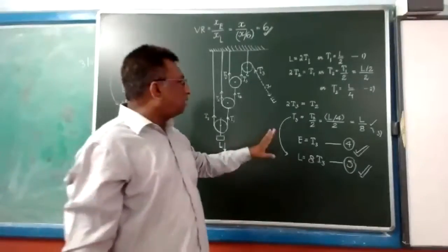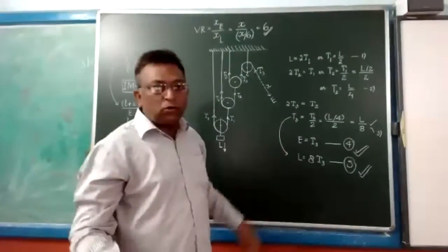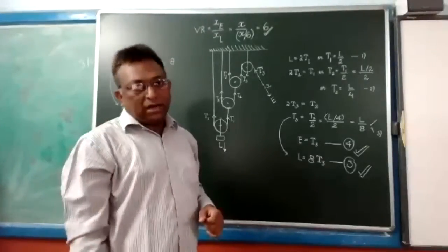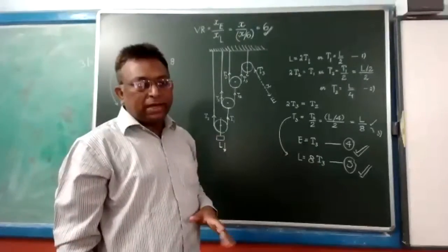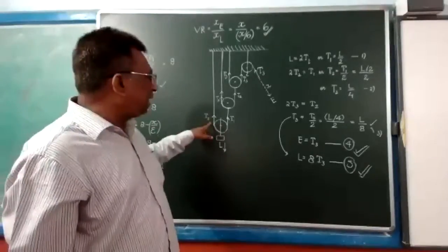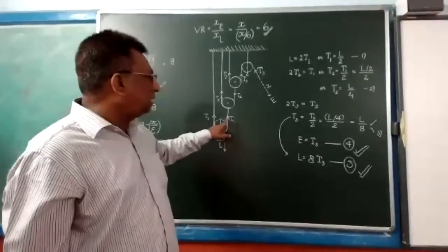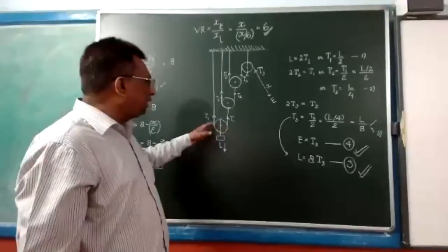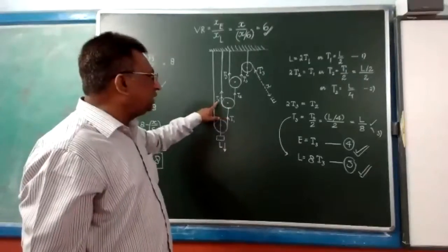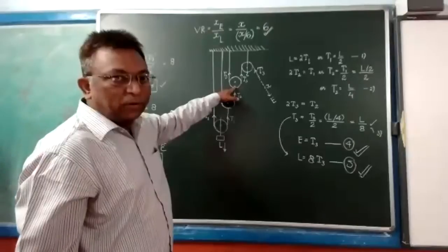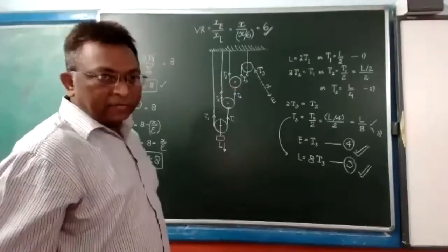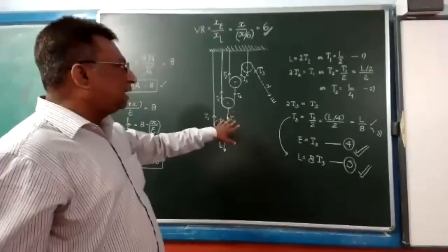So this is the way to find the value of mechanical advantage, whether it is ideal mechanical advantage or actual mechanical advantage. In order to differentiate the tension in various cords or strands, I have written: for the first mobile pulley, tension T1; second mobile pulley, tension T2; third mobile pulley, tension T3.